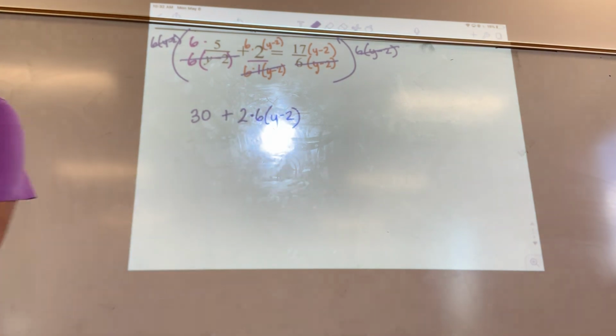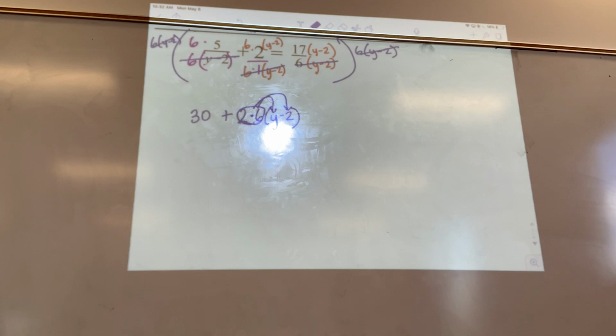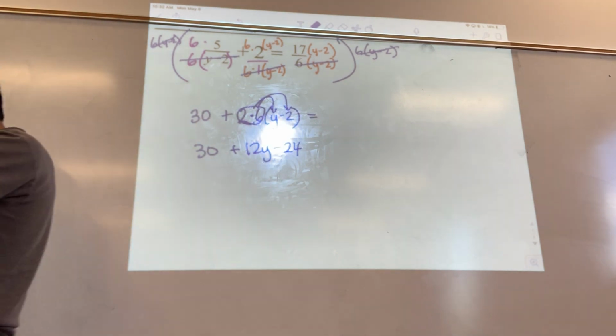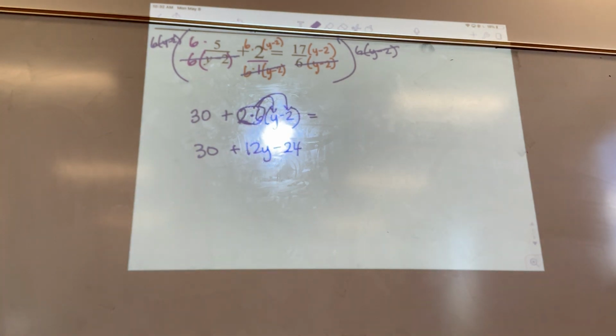Distribute the 12 in, right? So we're taking the 12 and distributing it here and here. What would that leave us with? 12y minus 24. Good job. And that's equal to, what is this equal to? 17y minus 34, yeah.